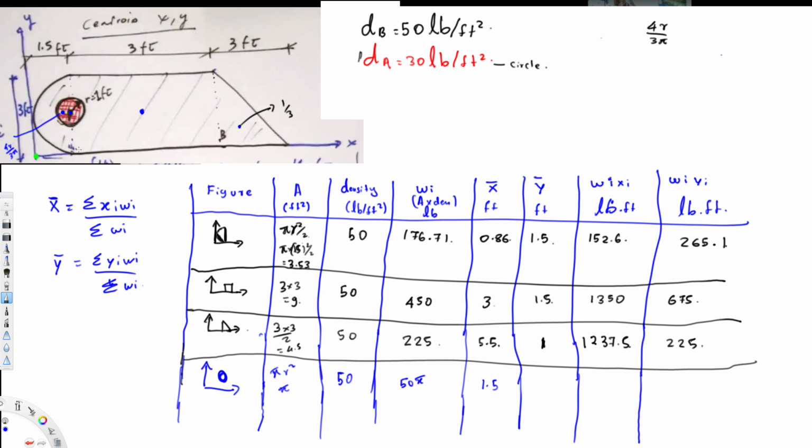The height is going to be the radius of this one, so it's also 1.5. Then if I multiply wi times x bar, it's going to be 157 times 1.5, which will give us 235.6. The other one is also 157 times 1.5, 235.6. So this is the part we have to deduct.